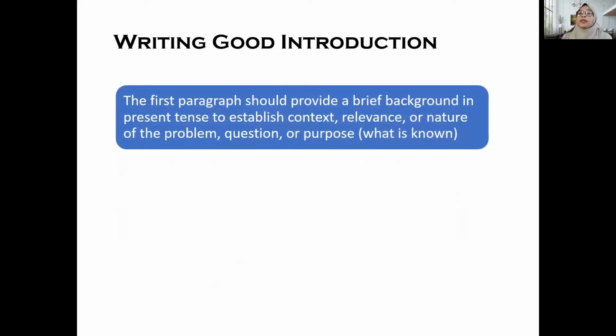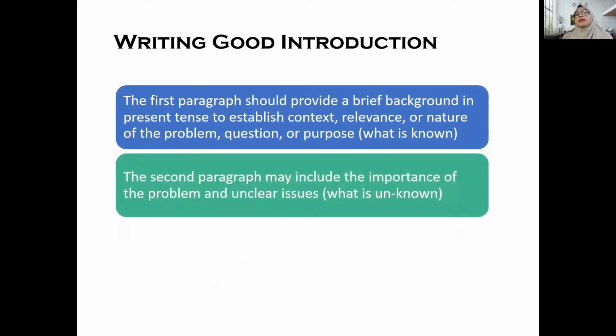Writing a good introduction. The first paragraph should provide a brief background in present tense to establish context, relevance, or nature of the problem, question, or purpose, what is known. And then you can have a second paragraph. You may include the importance of the problem and unclear issue, what is unknown.